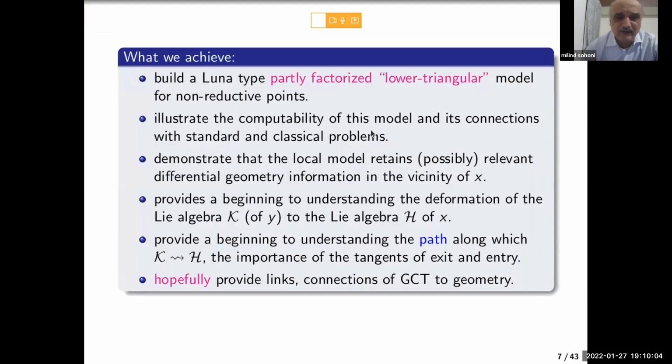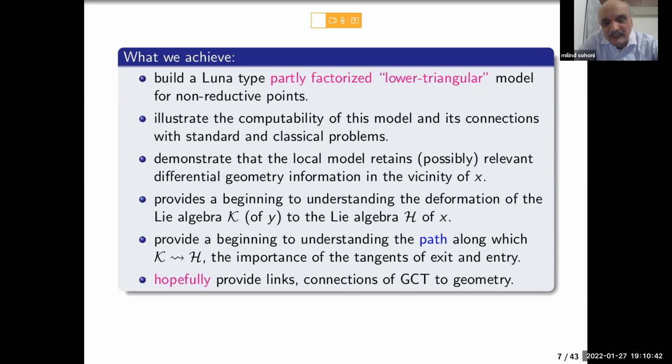So what we do is we build a Luna-type partly factorized lower triangular model for non-reductive points. So it applies to all points x. We show that this model is computable in terms of the representation rho, and we connect it with some standard classical problems. We also show that the local model actually has quite straightforward connections with the differential geometry of the orbit, typically the curvature forms or the Gauss map.